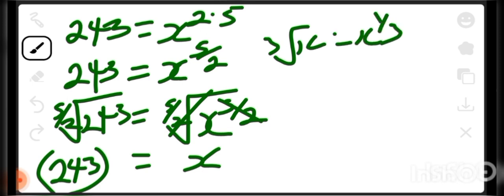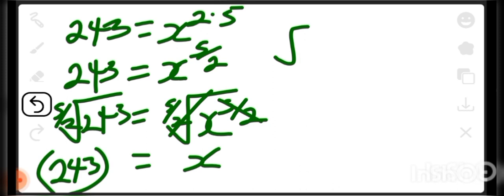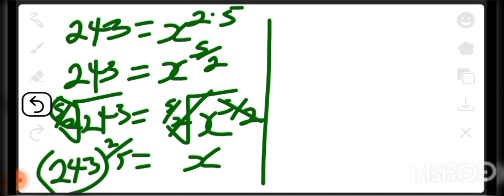Can you still remember that? So you're just going to take the inverse of that root. What is the inverse of 5 over 2? That is 2 over 5. If it is 4, then you take 1 over 4. If it's 3, you take 1 over 3. If it's 4 over 2, take 2 over 4. You just take the inverse of that. So x will now be equal to, what is 243 in indices?